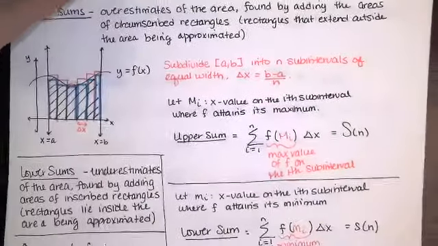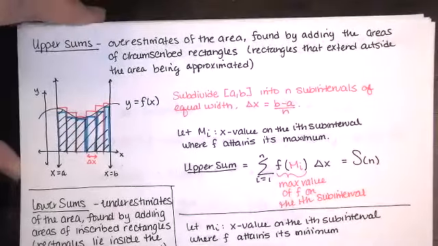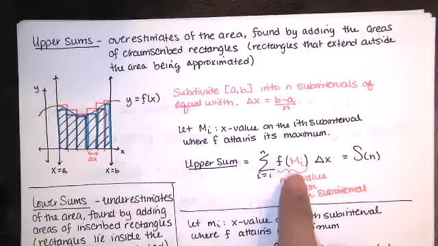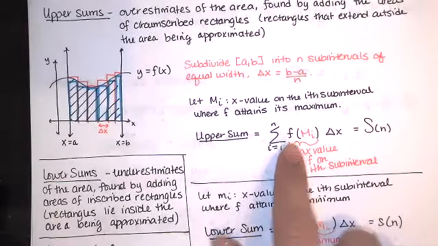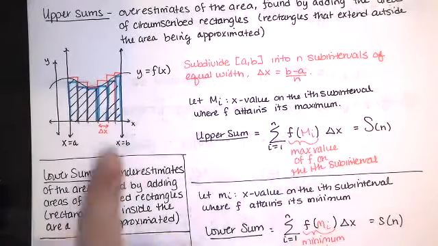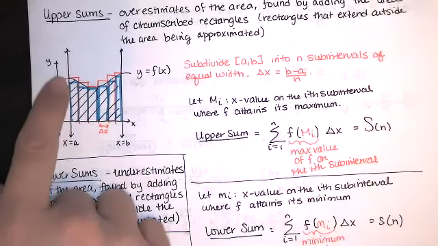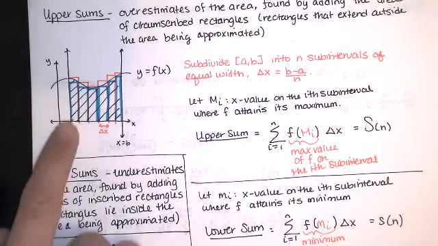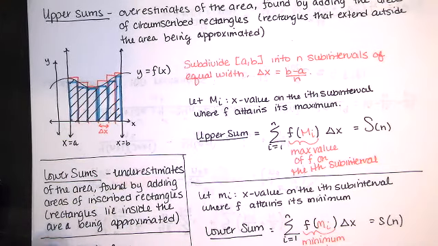Now, for upper sums and lower sums, well, we handled this a little bit differently. With upper sums, we're evaluating the function at an x value that leads to a maximum. We want the maximum value of that function over the interval. That will always lead to a circumscribed rectangle and an overestimate of the area under the curve.